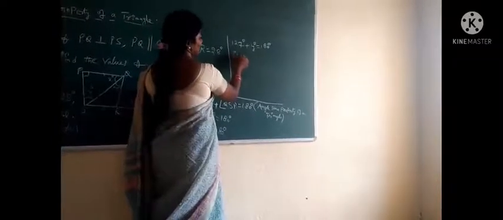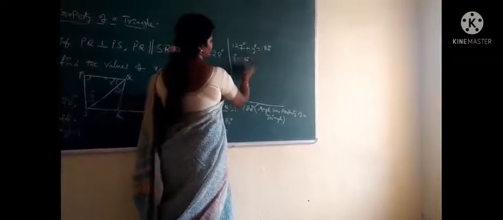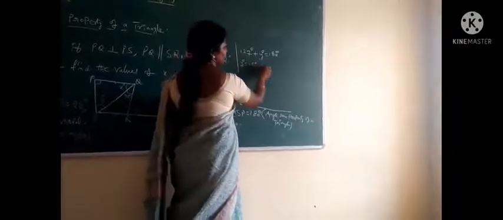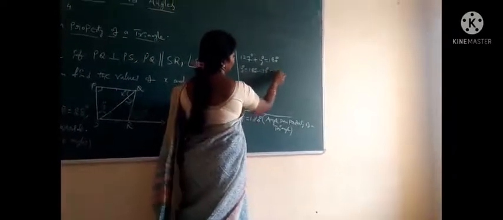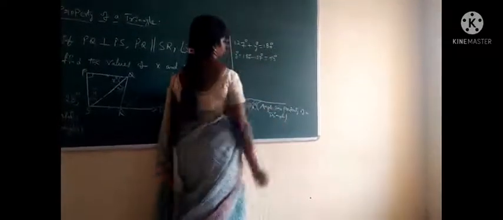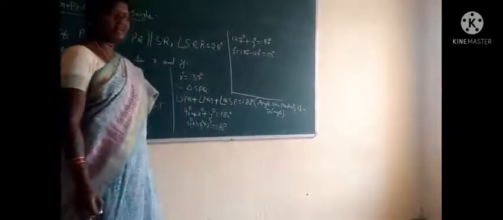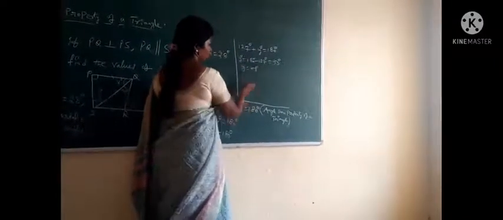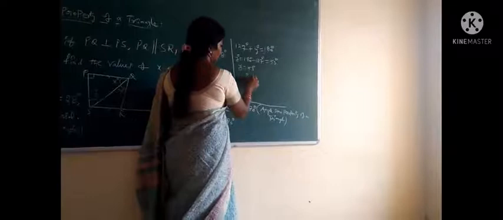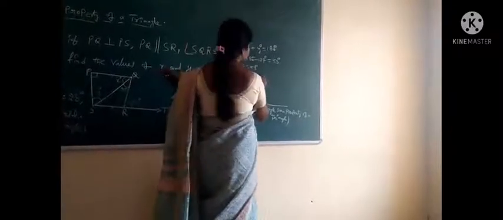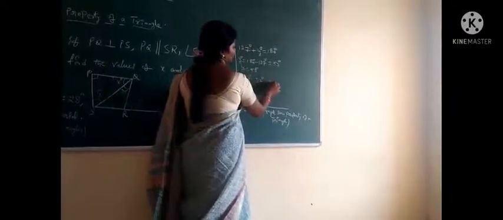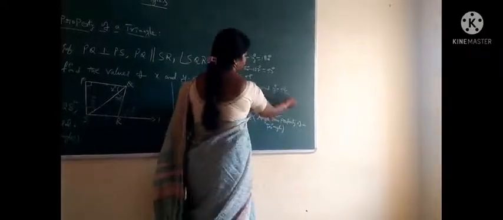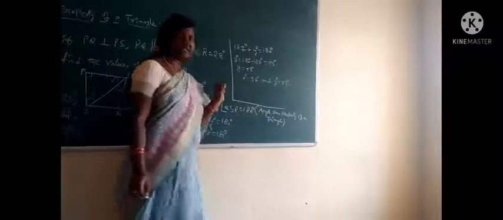Y degrees is equal to 180 degrees minus 127 degrees is equal to 53 degrees. So, y value is 53 degrees. Therefore, x value is 37 degrees and y value is 53 degrees.